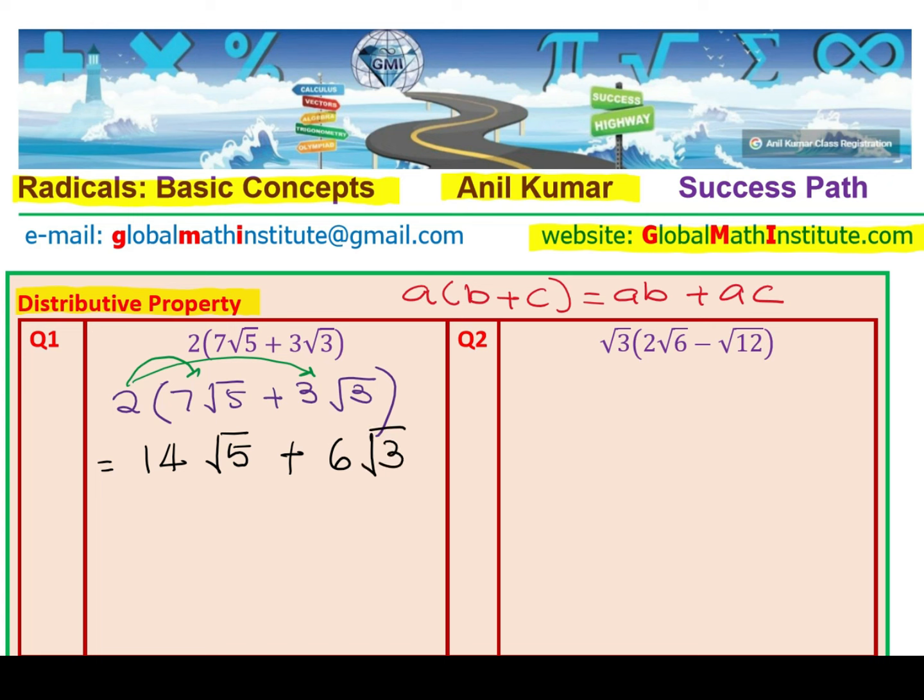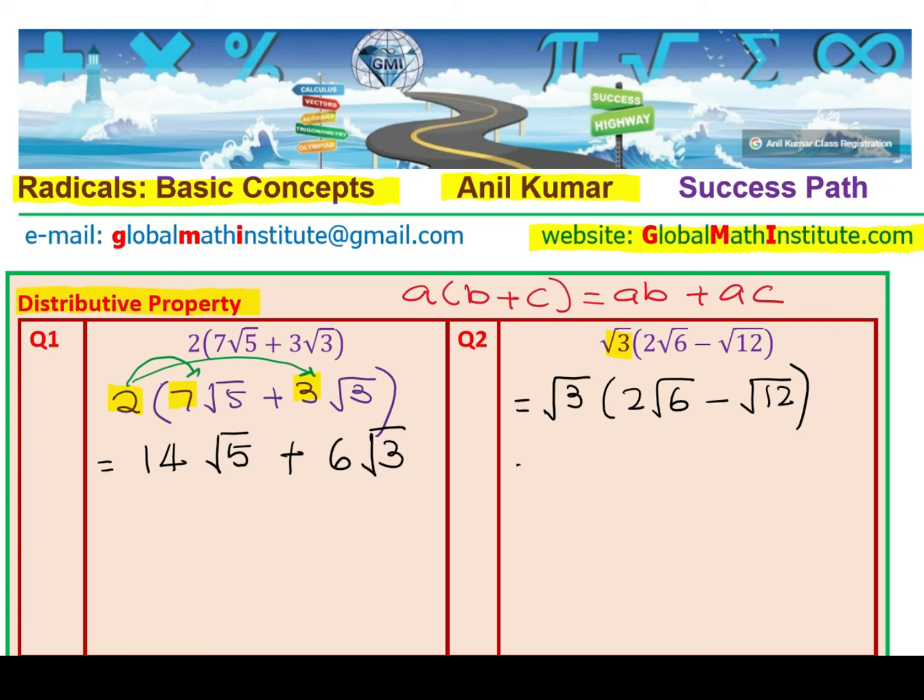So basically, 2, the number itself gets multiplied only with the numbers, leaving the terms inside the radical unchanged. You see that idea? Now in the next case, what we are trying to do here is we are multiplying by square root of 3. So what will happen in this case? Let's look at it. So let me rewrite this. It's the square root of 3, which is getting multiplied to 2 square root 6 minus square root of 12.